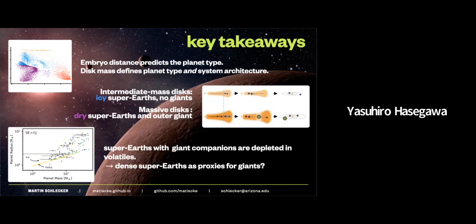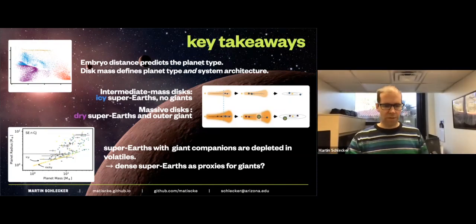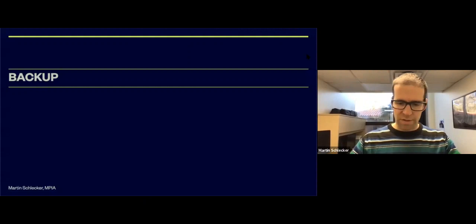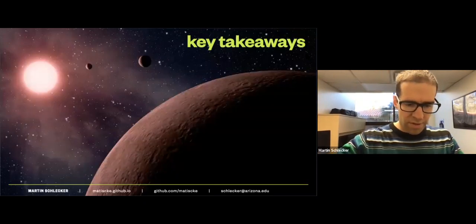Oh, okay, I'm going to ask you the question directly. Maybe some of your group members already compared, but I'm just wondering, did you compare the mass or radius relation of your result to the observed one, say Chen and Kipping 2017, and did you see any difference or similarities? Well, we did. I think I've shown a figure before showing this.